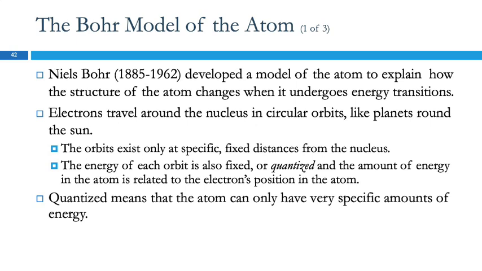Those orbits are only at specific distances from the nucleus. We don't have a planet between Earth and Mars, right? There's not one in there. So in this model, the energy of those orbits are quantized. Each orbit has a fixed amount of energy, and the amount of energy in the total atom is related to the energy that all the electrons have.